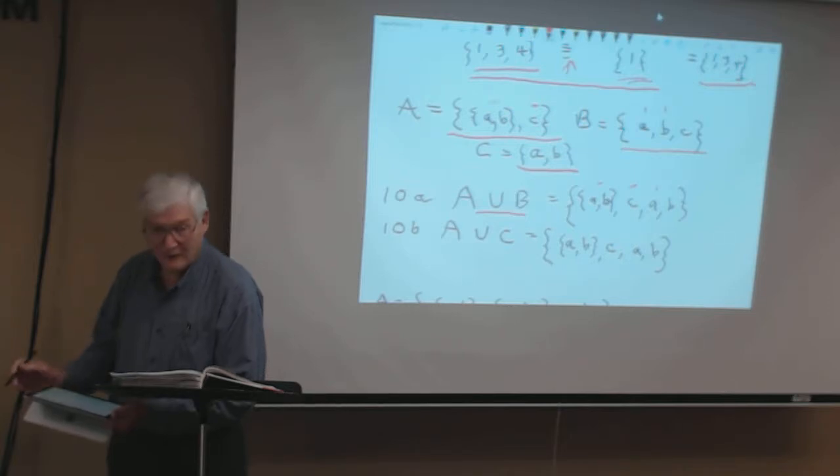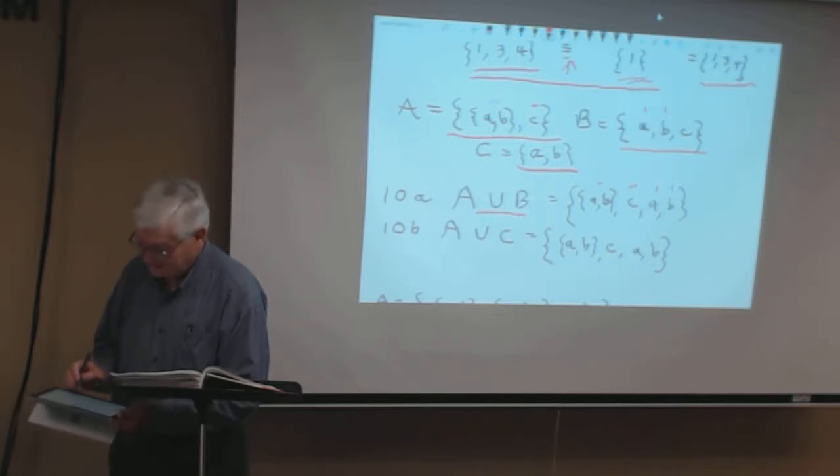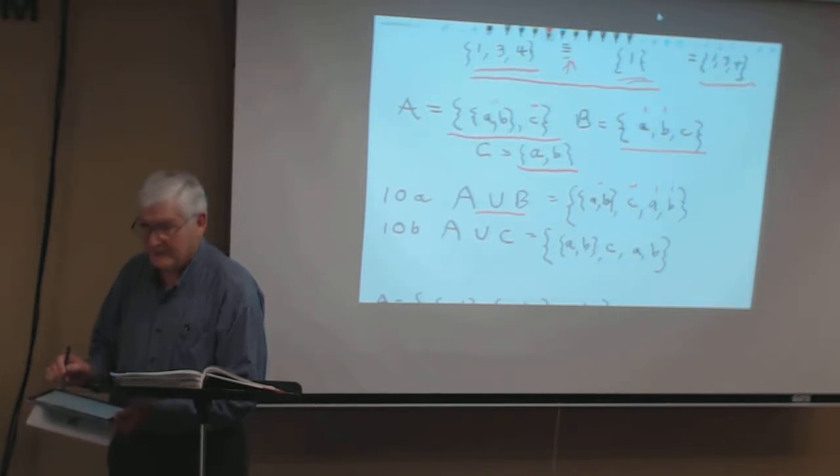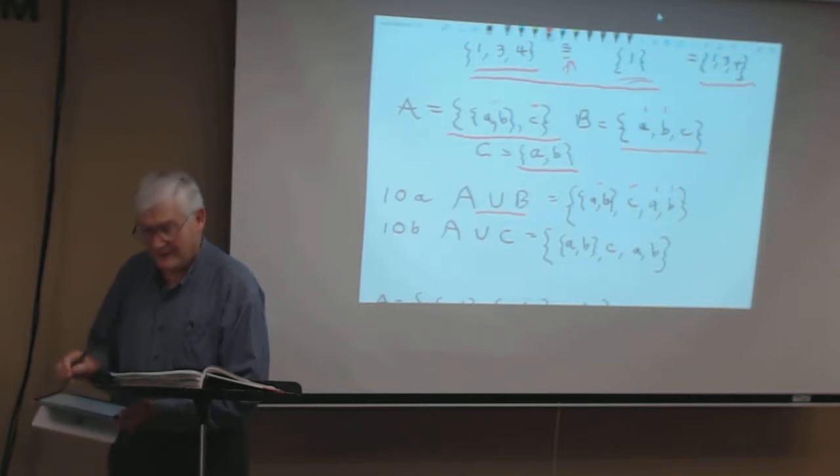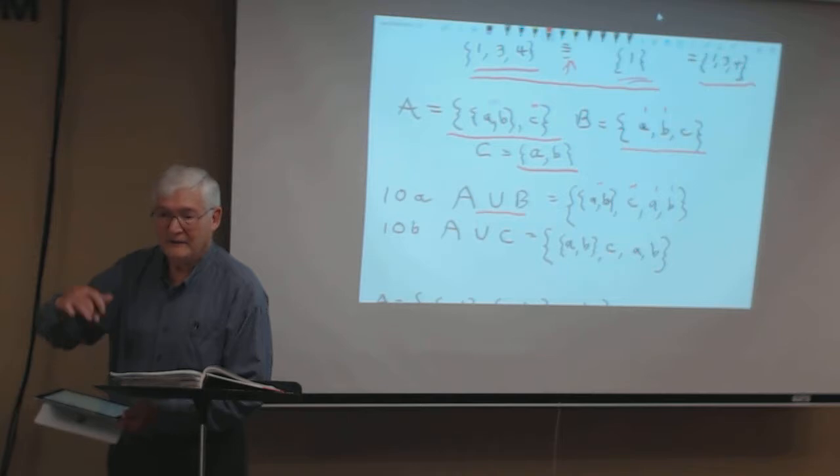A and B. Everybody follow what I just did? So the union of A and B is the set whose elements are the set AB, C, and A and B. They don't have to be in order. I'm just making sure as I work my way across there that I'm including everything that's in either one of them.